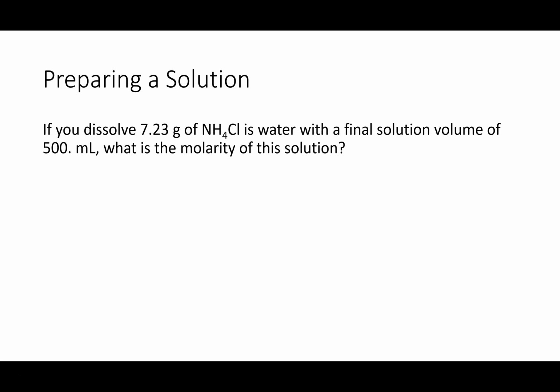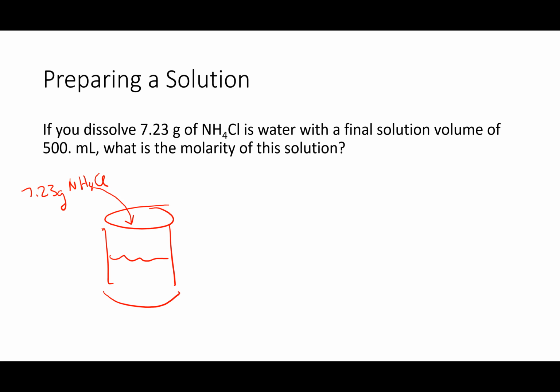Preparing a solution. So these really lend themselves to pictures, so I'm going to go ahead and draw a picture. It says I'm dissolving a certain mass of NH4Cl. So I'm going to draw my little beaker, do an arrow, and put 7.23 grams of NH4Cl, ammonium chloride, right?